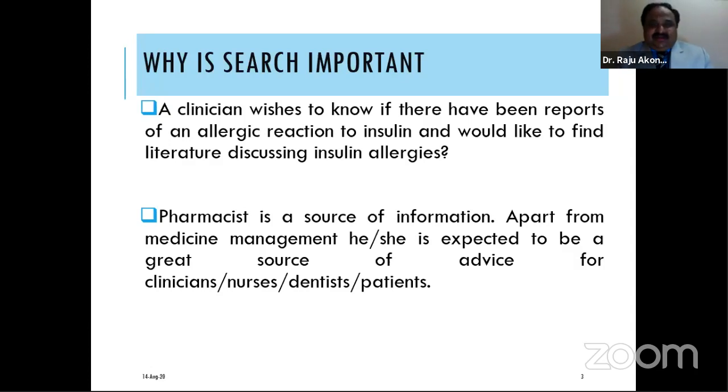So is there any discussion about insulin-related allergies in the literature? And this doubt is very legitimate, am I right? So once he gets this doubt, what will he do? He will go and search for the evidence, search the literature, search PubMed, Science Direct or Google Scholar. For what? To get the information about that.